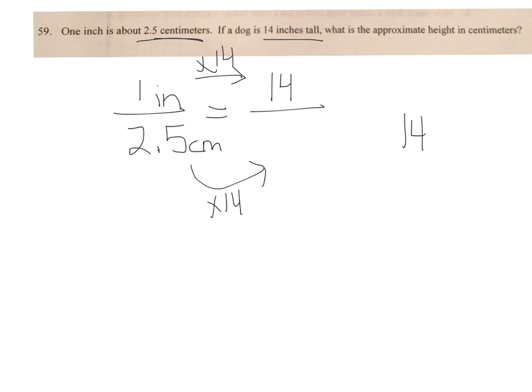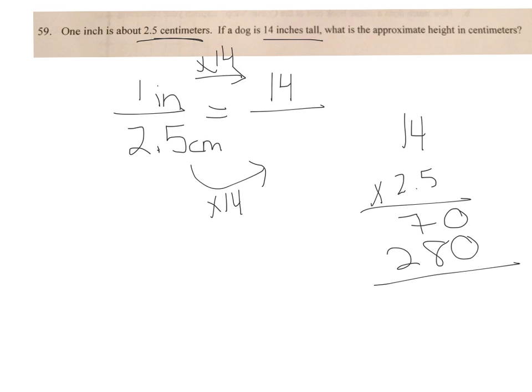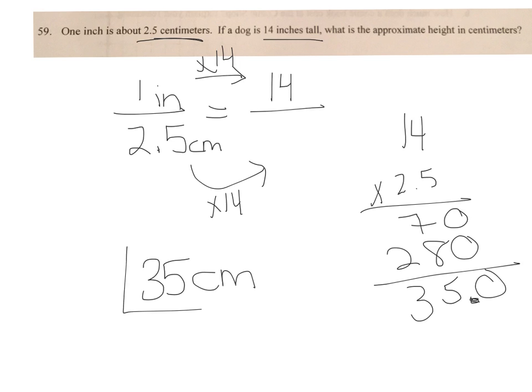So 14 times 2 5/10. I get 20, carry that 2, you get 7, add a 0, 8, 2, 0, 5, 1, and then we have 1 decimal place. So he would be 35 centimeters.